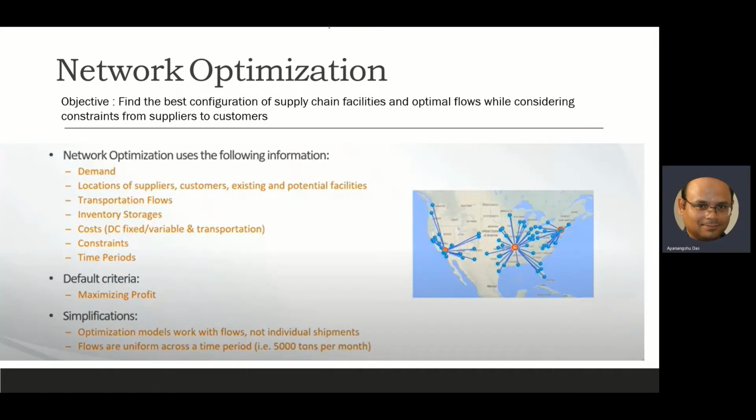Network optimization is an approach which allows us to identify the best locations for facilities and to define the best product flows between the supply chain entities, keeping in mind certain parameters such as costs or time periods within which the goods need to be transferred or stored.